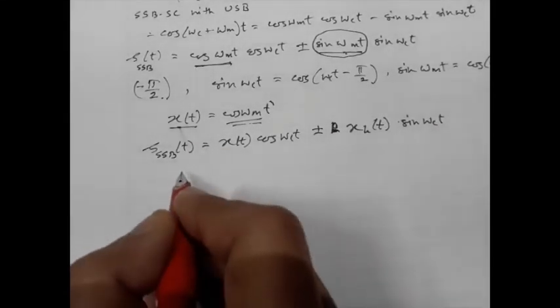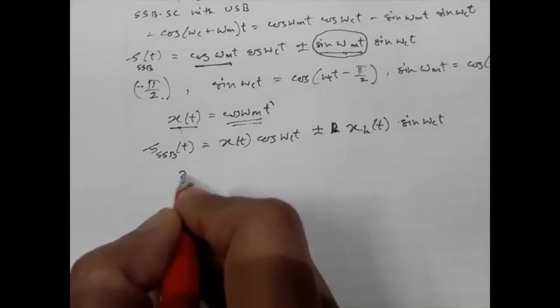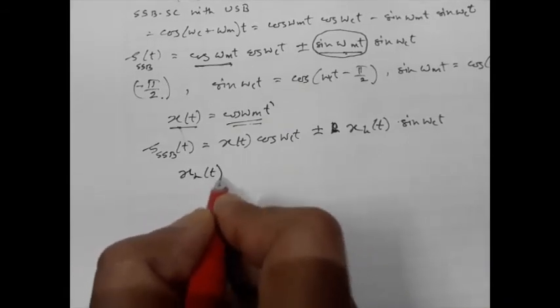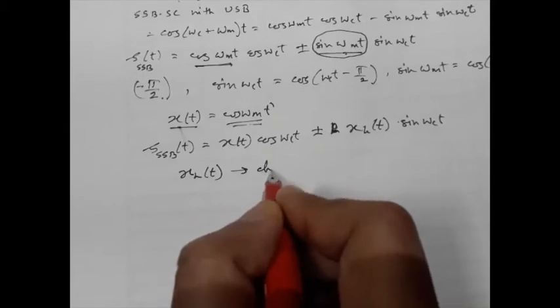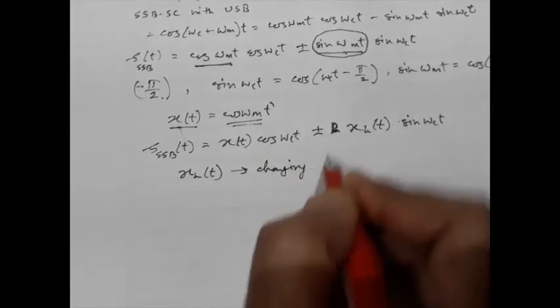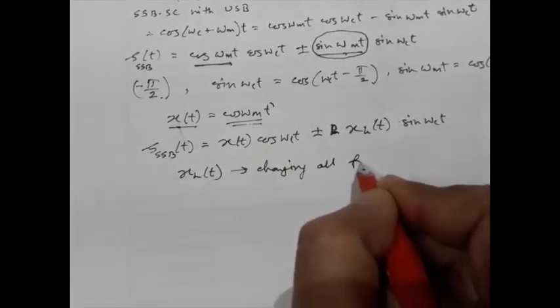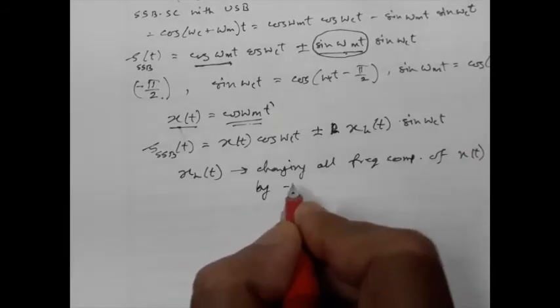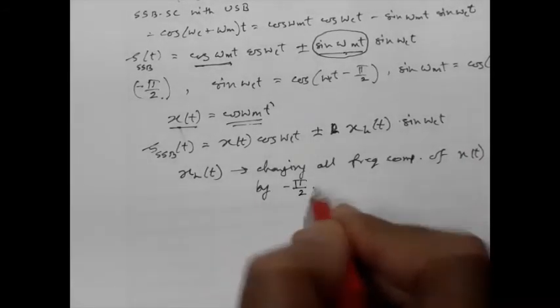This xht is obtained by changing all frequency components of xt by minus pi by 2.